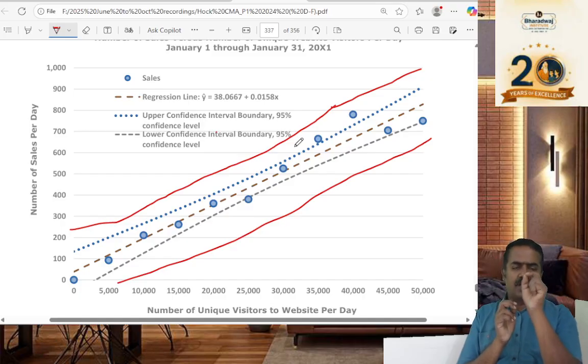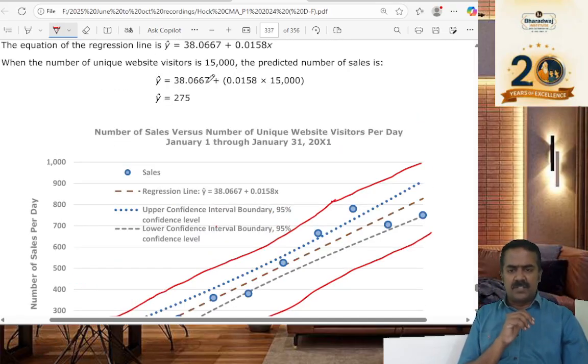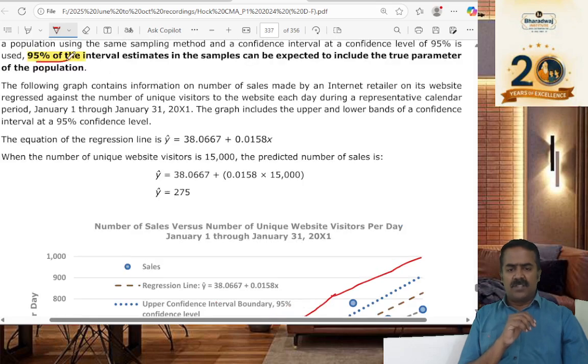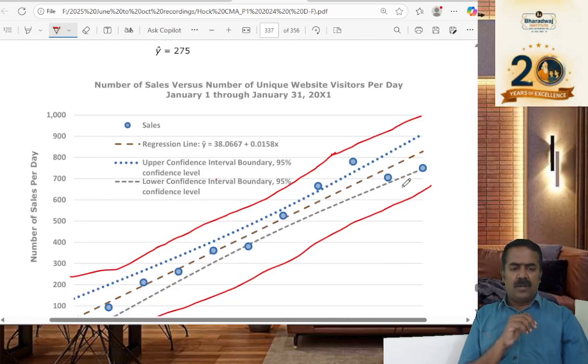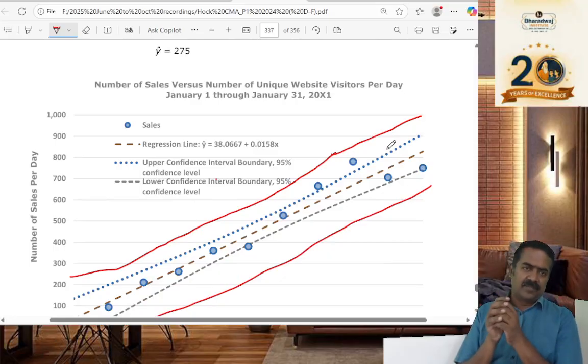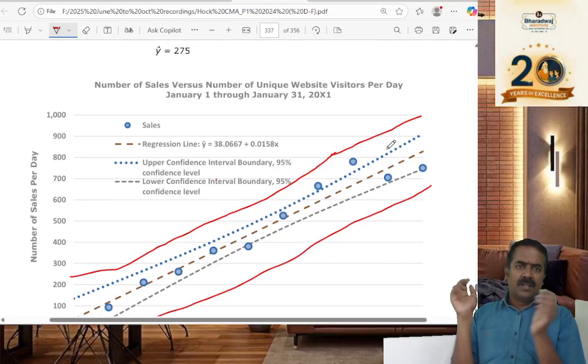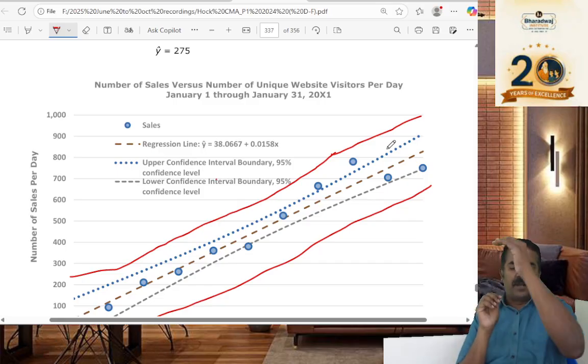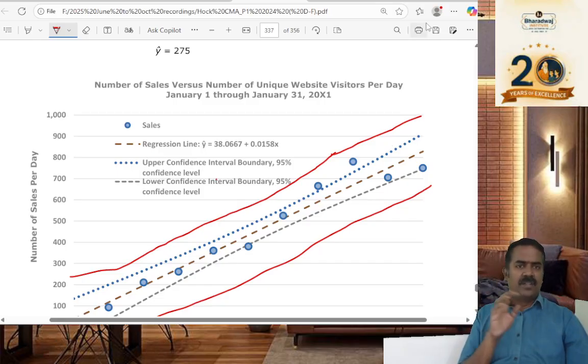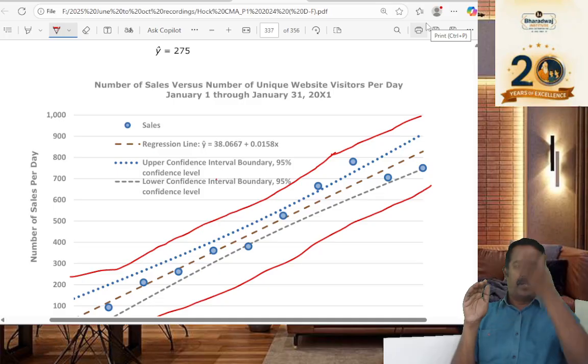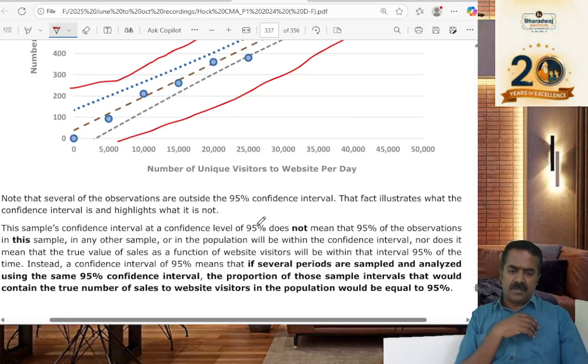It will be minute. It can go up or it may go down. So when confidence level is more, the upper level and lower level difference will be low. When confidence level is more, the difference between upper level and lower level range will be what? Low. When your confidence level is less, the upper level and lower level, from the trend line, plus and minus, can be what? Vast.